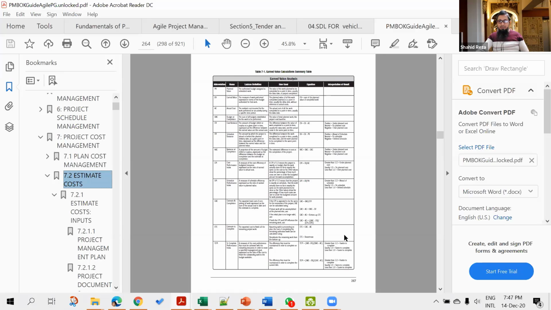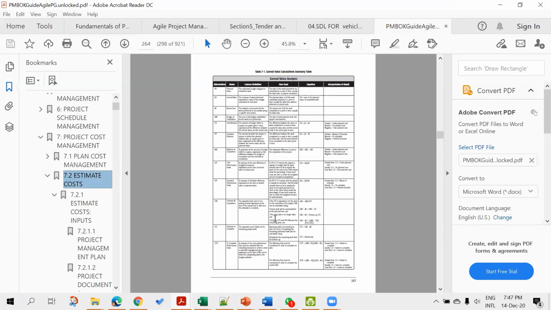Understanding this interpretation is very important, because always you will get 2-3 questions from this interpretation, and you do not need to do any mathematics, just interpretation. Okay, so these are the formulas.